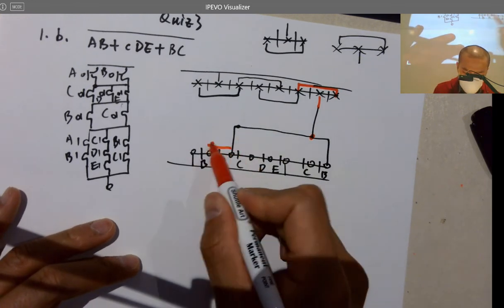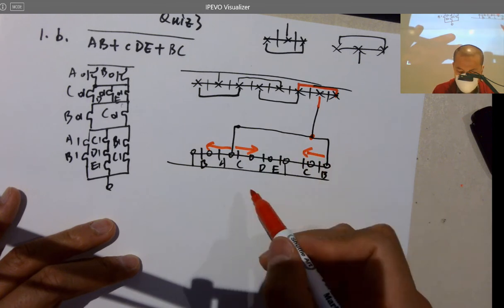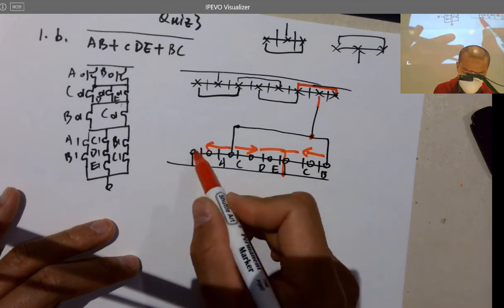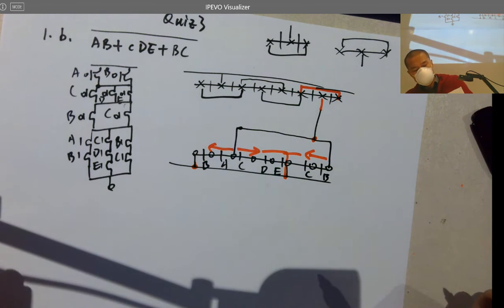And it's one branch, two branches, and the third branch. So merge to here, to the ground. Merge to the ground. Is that correct?